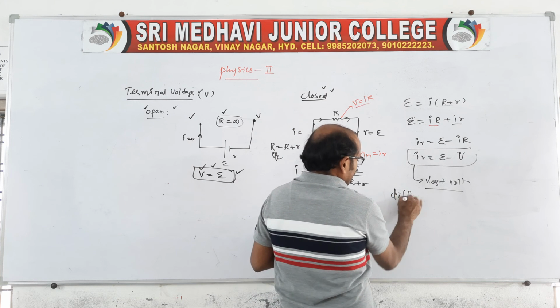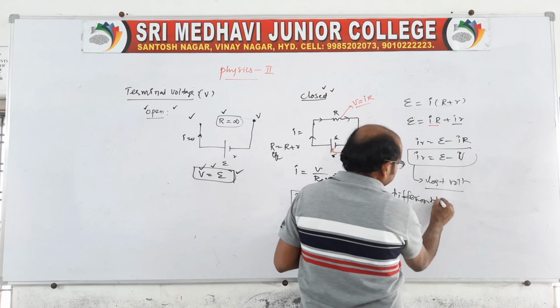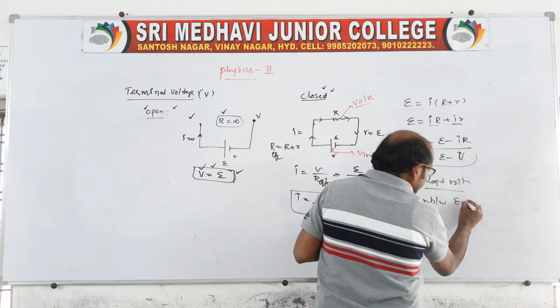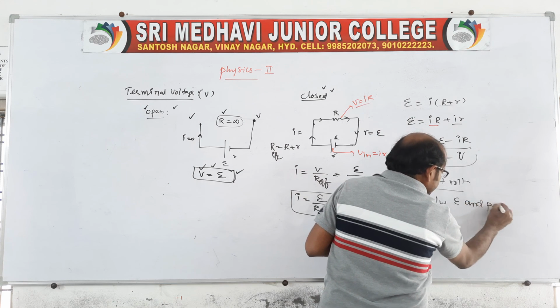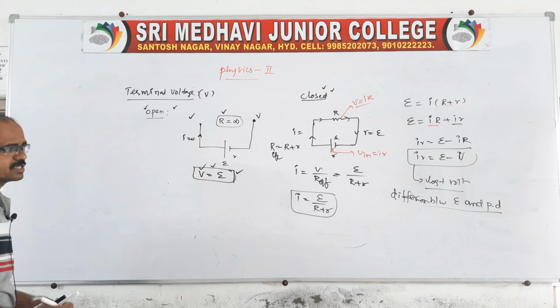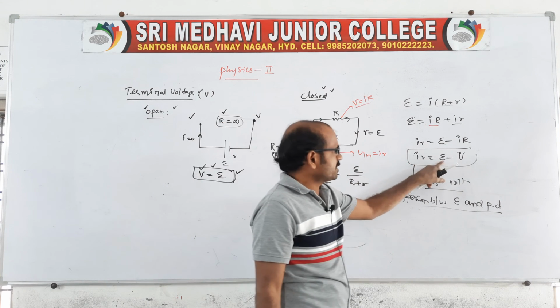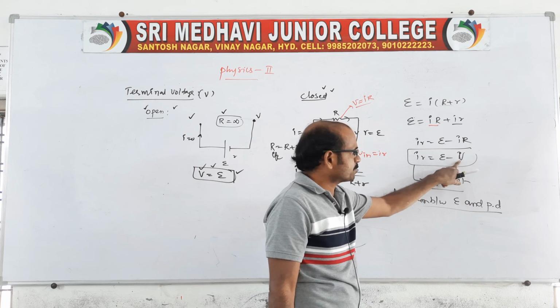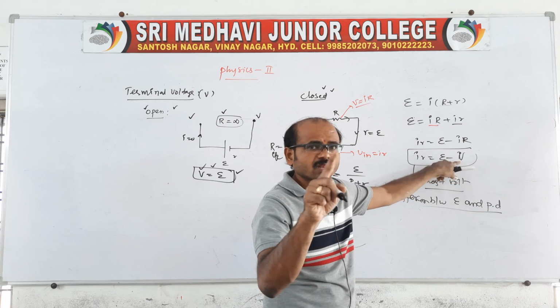The difference between EMF and potential difference is what we call the lost volts.